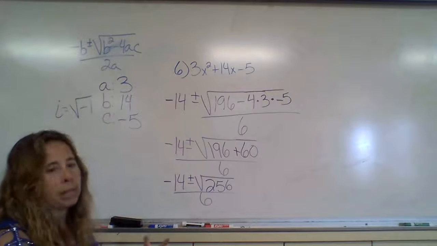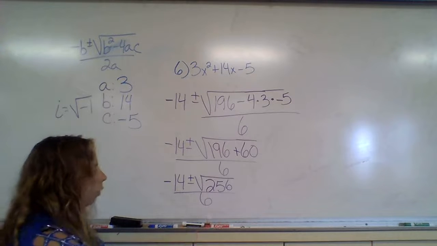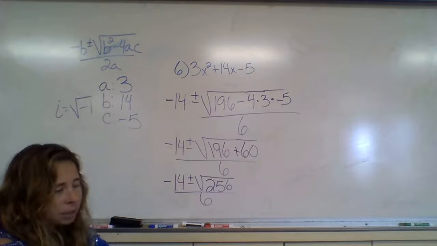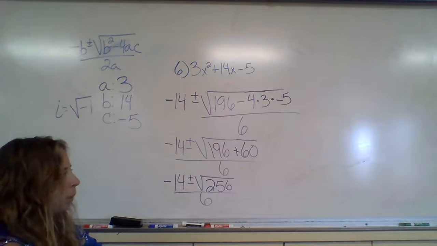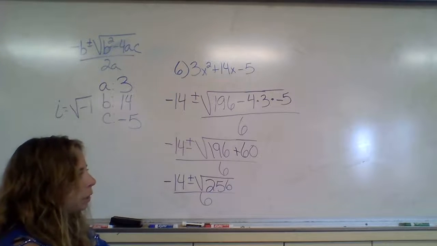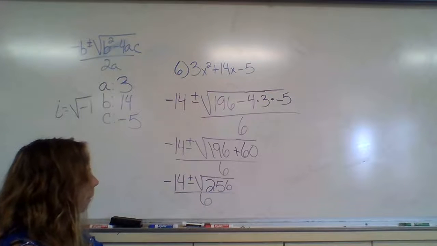Things to notice: you have a positive number under your radical. That means you're going to have real roots, real solutions. They will not be imaginary, they will be real.